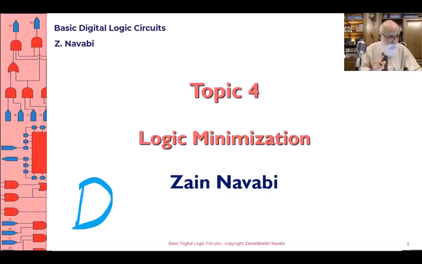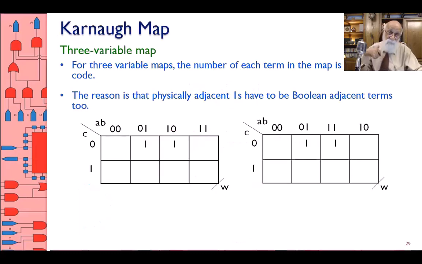Let's do something else, and that is going up one level, or one variable, instead of two variables. Let's do three variables. With two variables, we are very limited in showing you the capabilities of Karnaugh maps, that we can do the essentials, prime implicants, and all that.